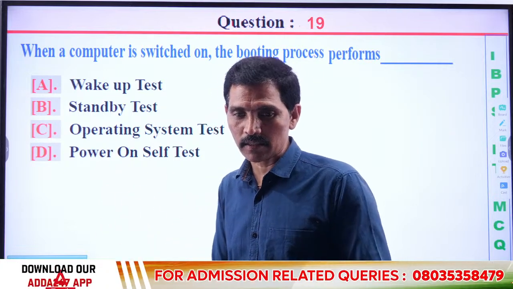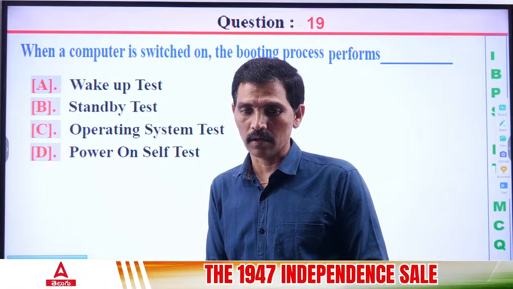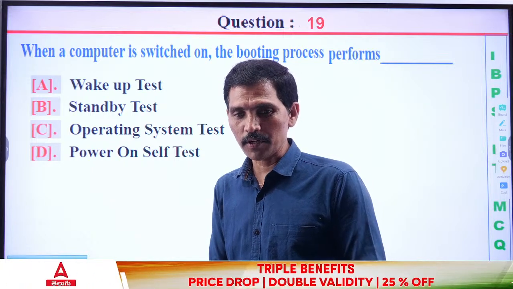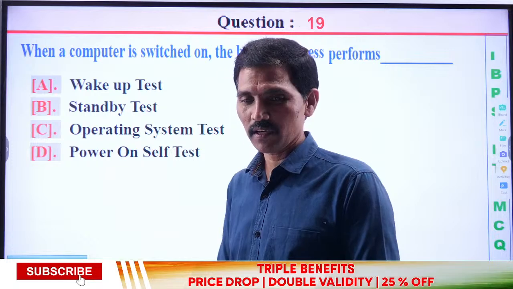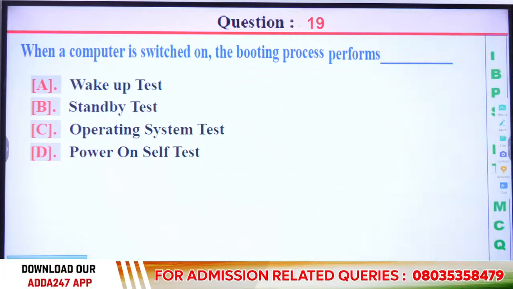Bhavana is saying answer C, and Tarish Shonu is also giving C. Akila is also giving option C. Dhakkam Rishit is also saying C. Okay, only 4 members have answered. Just continue.